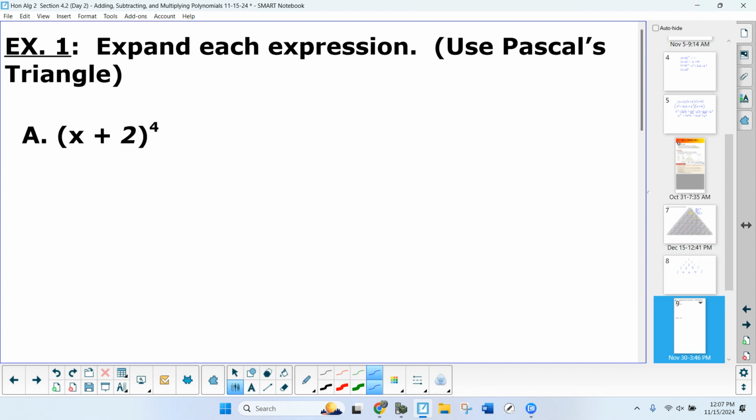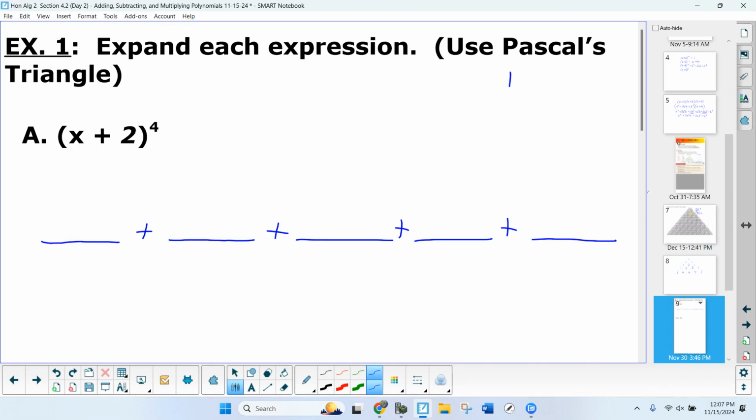Best way is to just try some of these. I'm kind of set in how I teach this. So Cash, if this is being raised to the 4th power, how many terms will I have? 5. So I do this. 1, 2, 3, 4, 5. And then I say, okay, I've got to go to the 4th row of Pascal's triangle.